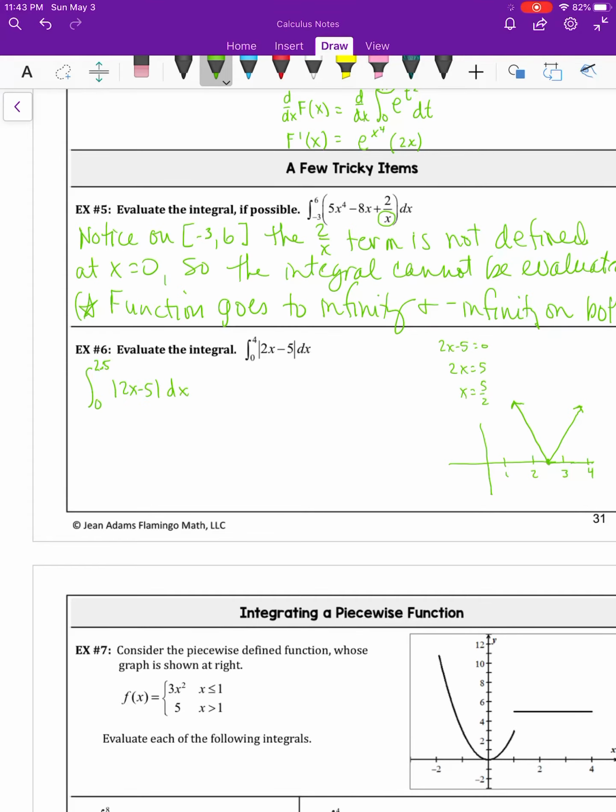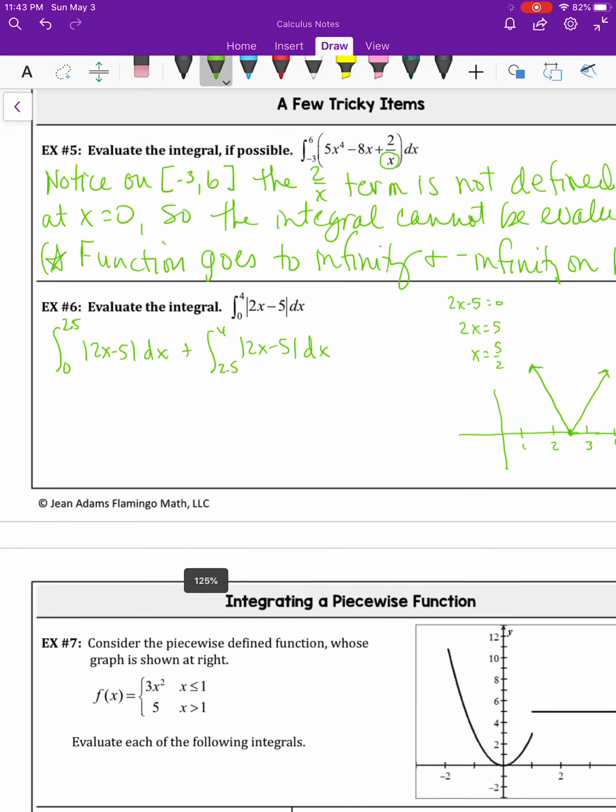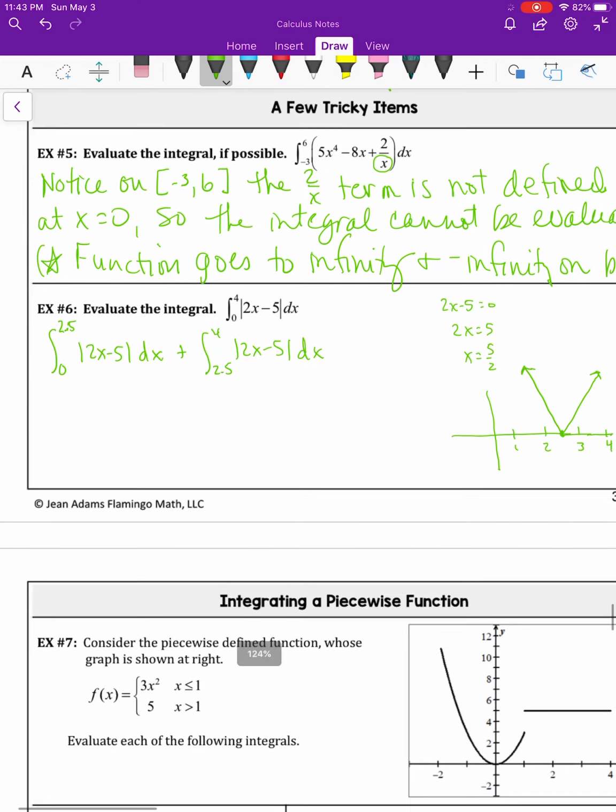So what we would do is we'd say, okay, well, I can integrate it from 0 to 2.5, or 5 halves. I just put 2.5 this time. Absolute value of 2x minus 5 dx, plus I can integrate from 2.5 to 4 absolute value of 2x minus 5 dx. Okay, I would have to split it up there because it's not differentiable, right?